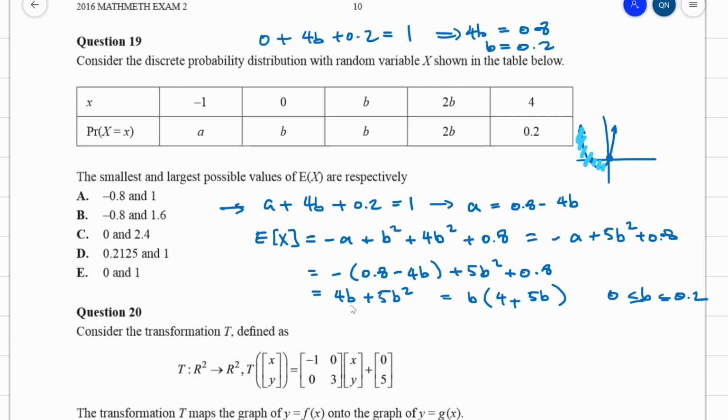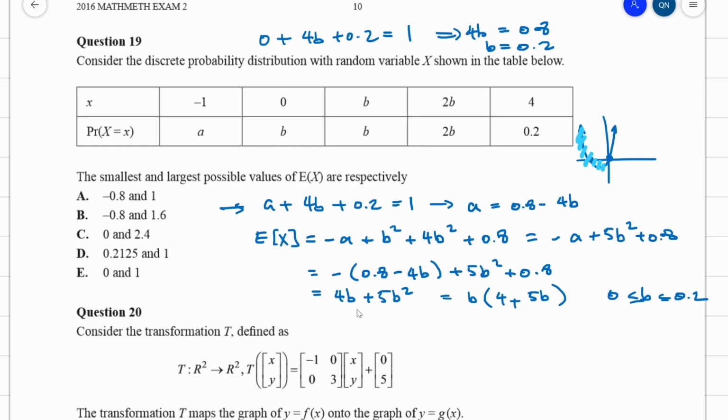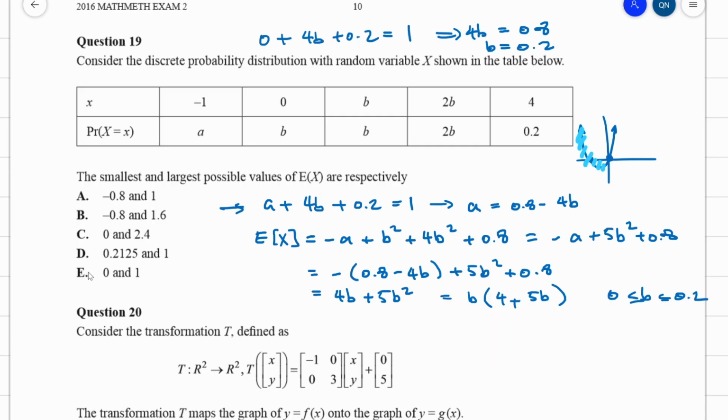Plugging in 0 gives 0, and plugging in 0.2, 4 times 0.2 plus 5 times 0.2 squared, is exactly 1. So E(X) is between 0 and 1. It looks like it's going to be option E.